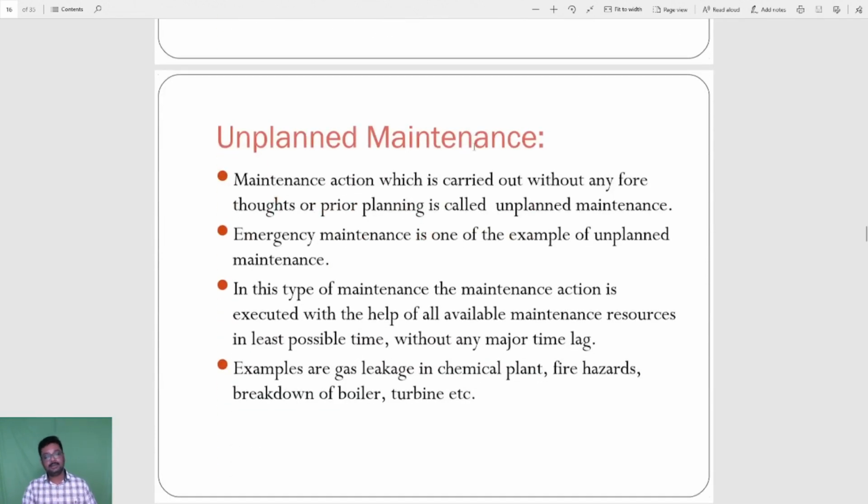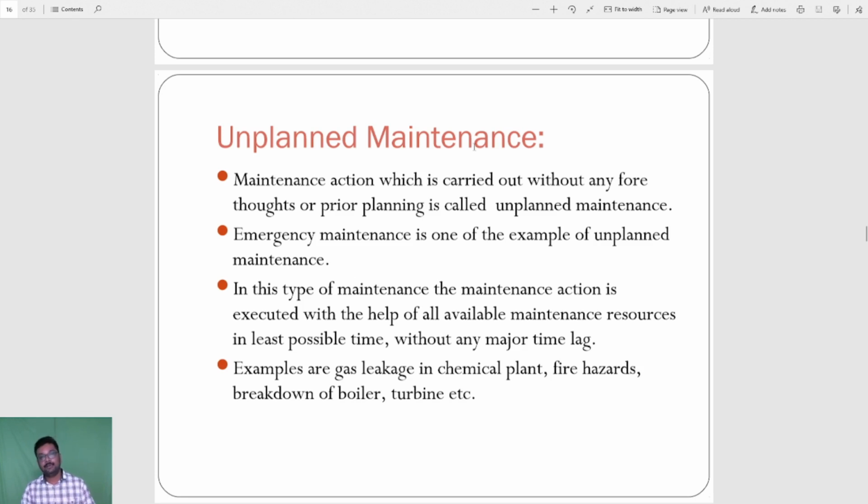Then unplanned maintenance. There is no plan at all. Once the failure occurs, they don't have fire extinguishers and everything in their plant. Once the fire comes inside the plant, then they think about a fire extinguisher. That is called unplanned maintenance. That's a simple example.